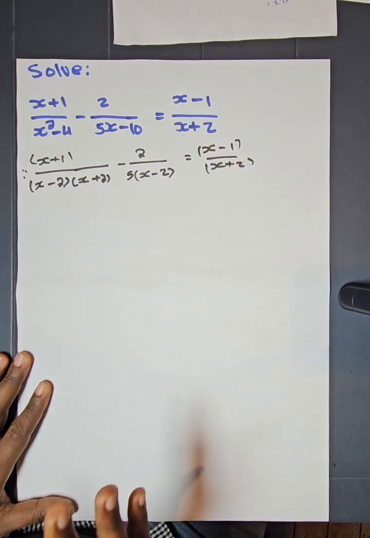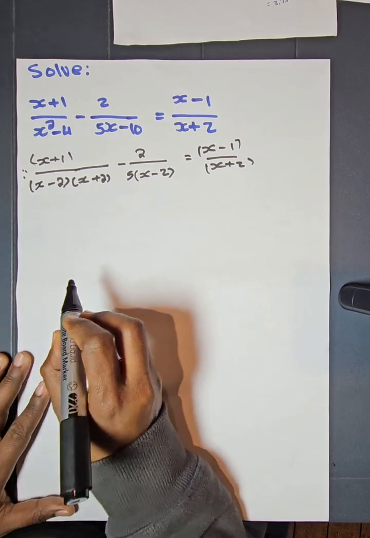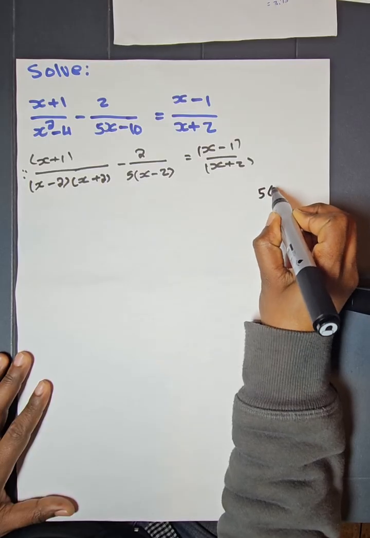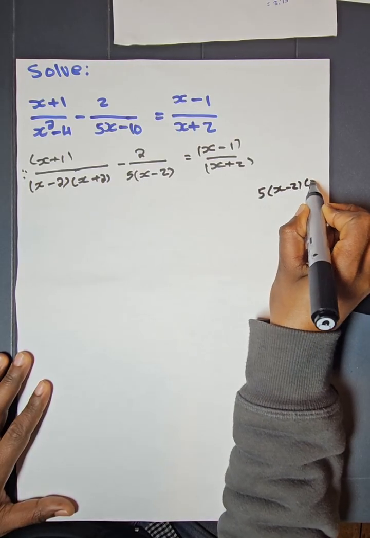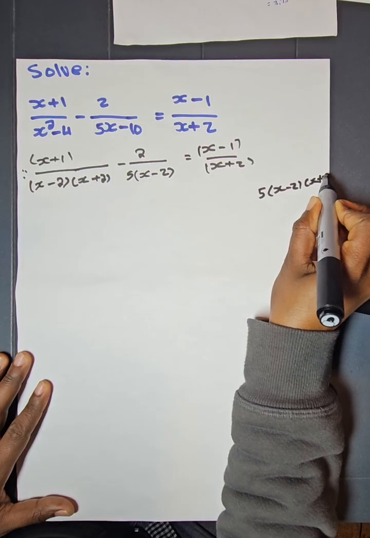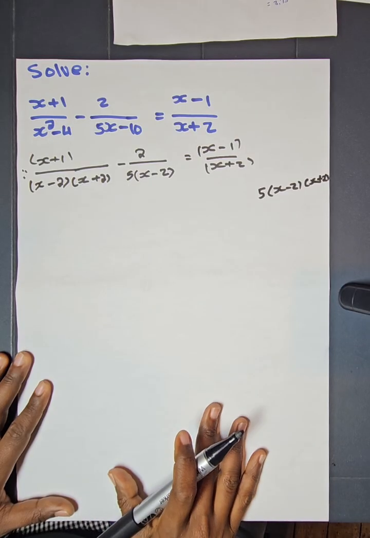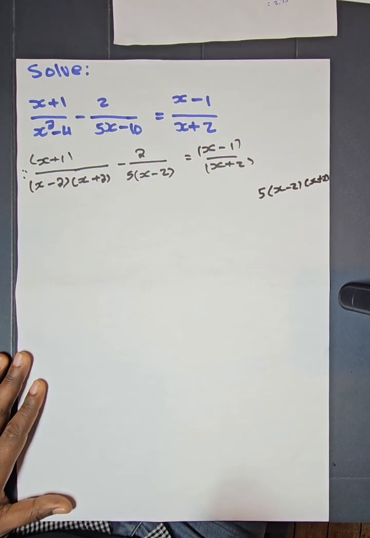The LCM is going to be 5 times (x − 2) times (x + 2). That's going to be our LCM for all. So we're going to multiply the LCM by each term.